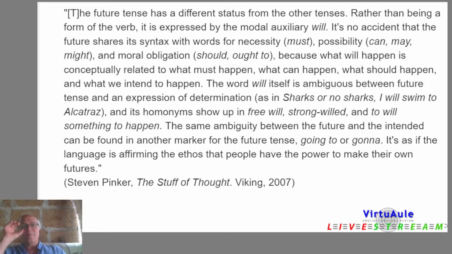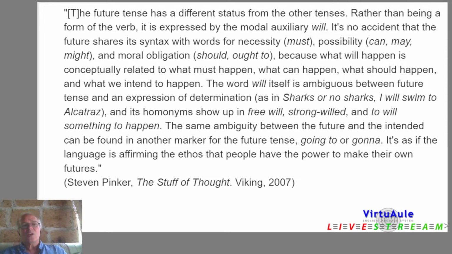So, homonym: free will, strong willed, and to will something to happen. Will is a noun here. Will is the determination, that you want to do something very, very badly. I will. The will. Free will.